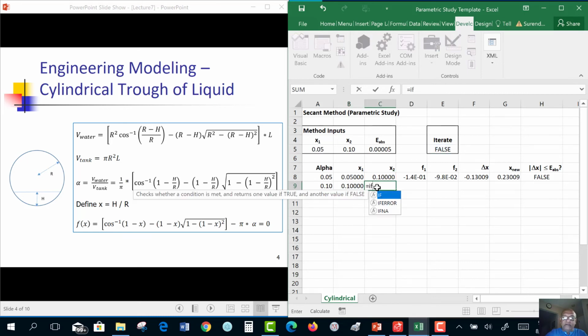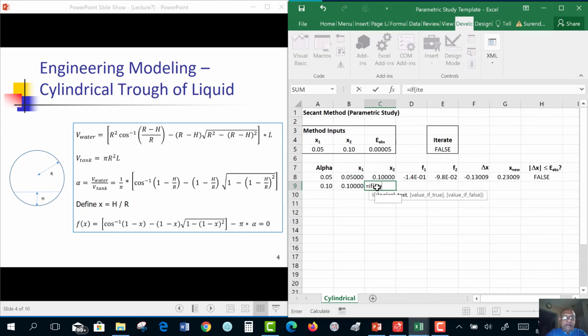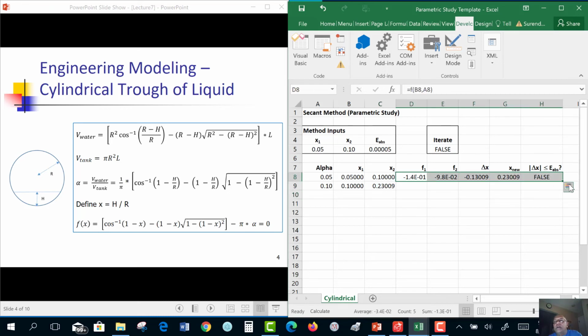We're going to say if iterate is equal to false, use this as our initial guess. Otherwise, use x new from the same row. And that's it. All we need to do is copy all these formulas down.